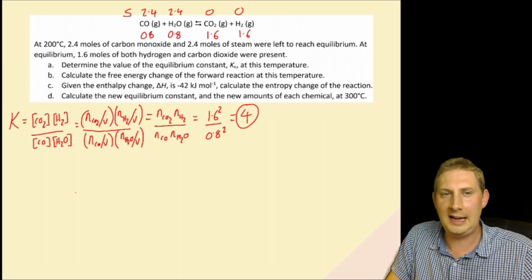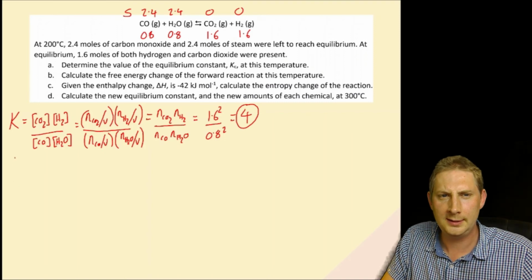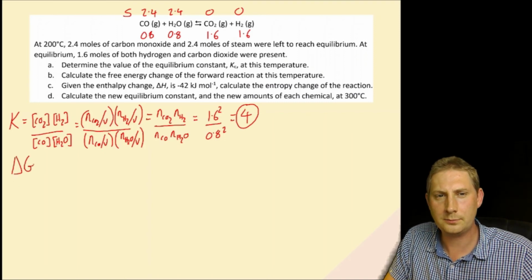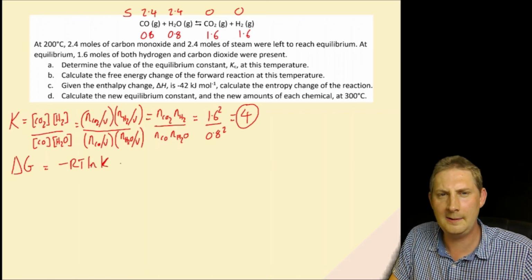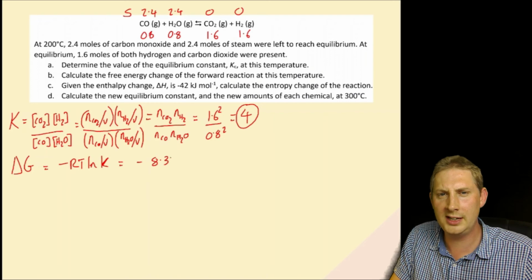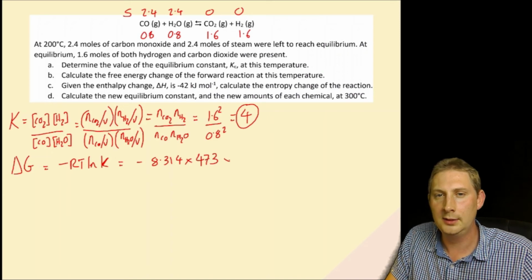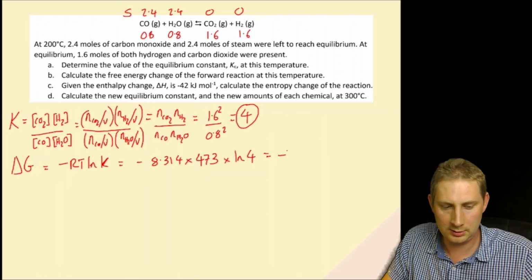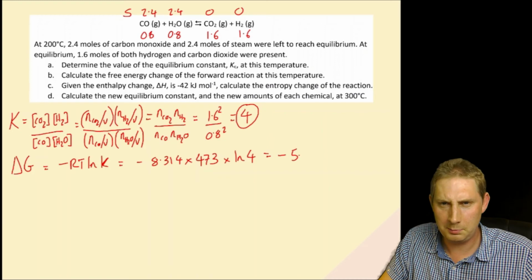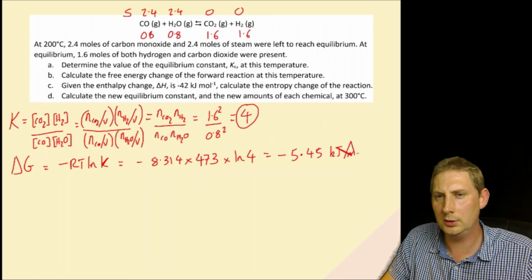Okay. Calculate the free energy change of the forward reaction at this temperature. So delta G equals minus RT log K, which equals minus 8.314 times the temperature at 200 degrees C, so that's 473 Kelvin, times the natural log of 4, and that equals minus 5.45 kilojoules per mole.